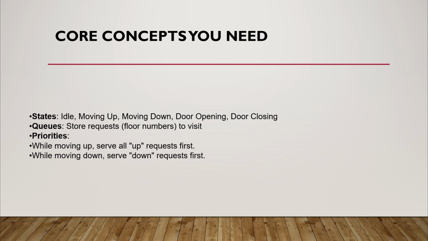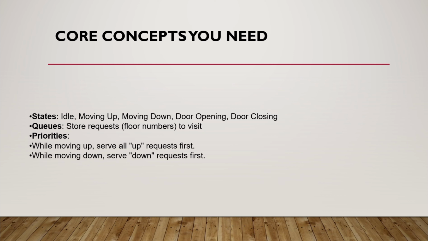So now we are going to understand the blocks of the lift. There are states. The states of the lift are: idle, where no one is calling it and no one is using it; someone is using it and going up; it's moving down; someone is leaving the lift, or someone is entering the lift and closing the door.